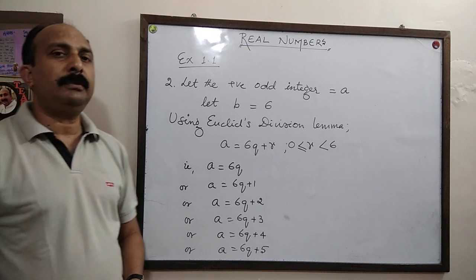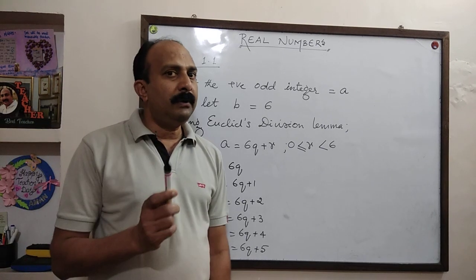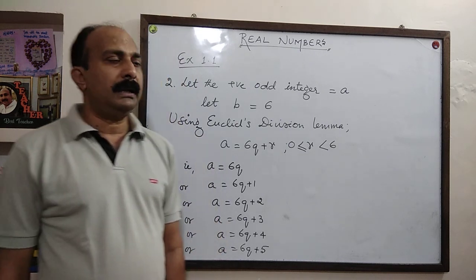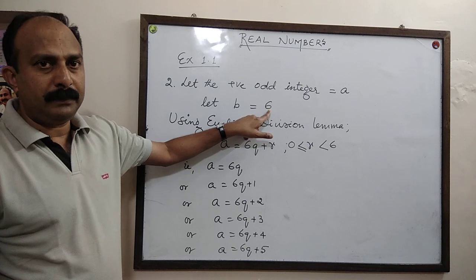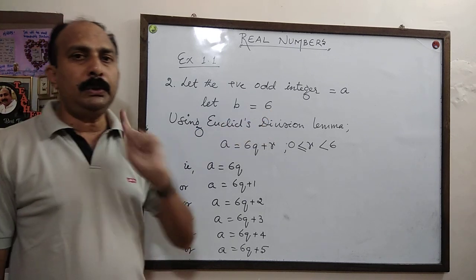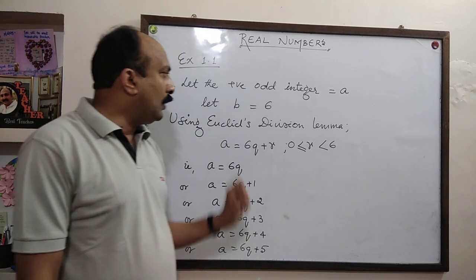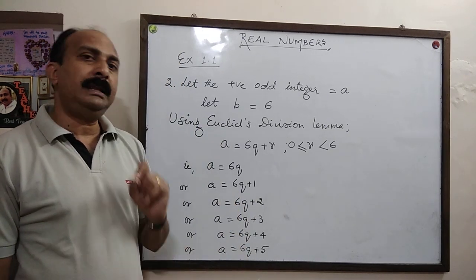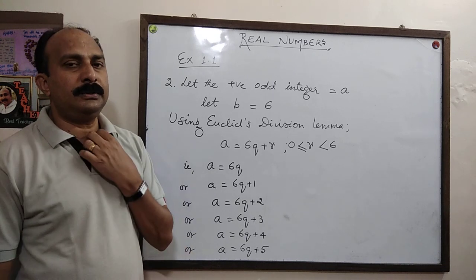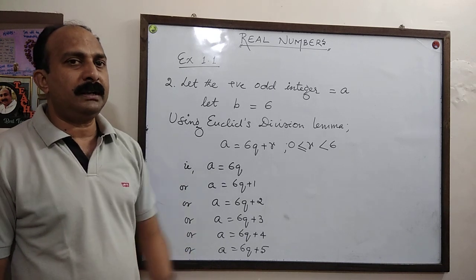Now listen, a very important point. Whenever an odd number is divided by an even number, here the divisor is 6, which is even. Did you ever check, when an odd number is divided by an even number, what are the possible remainders? I'll give you an example.